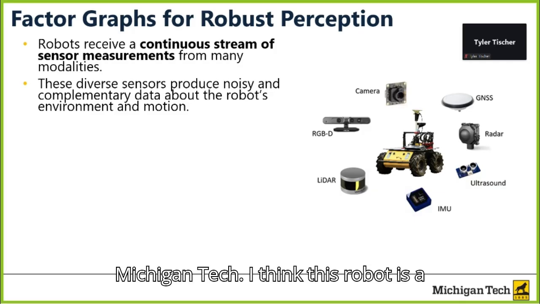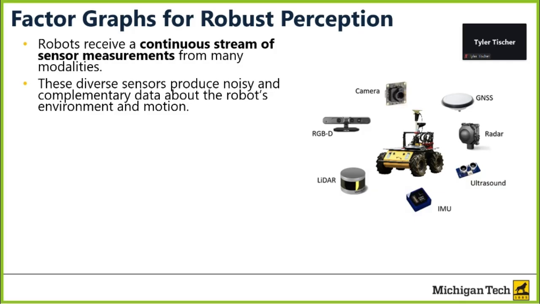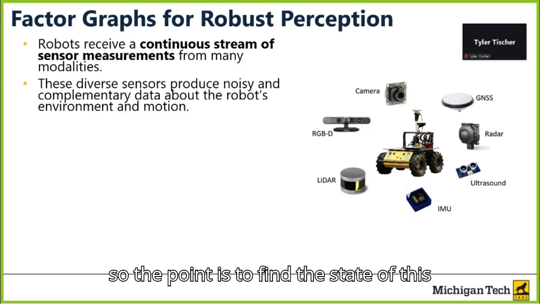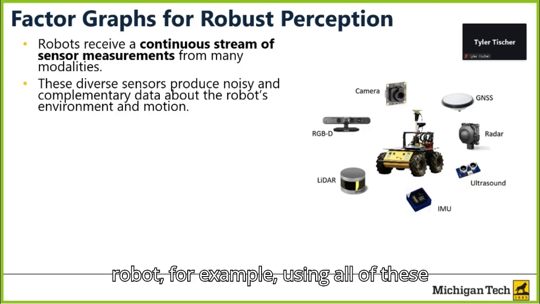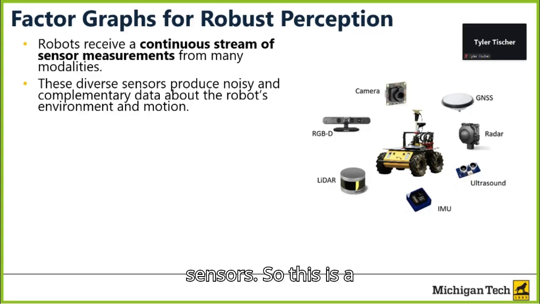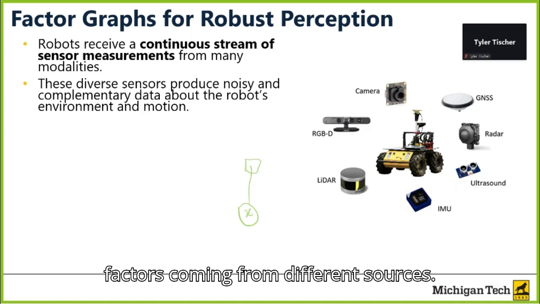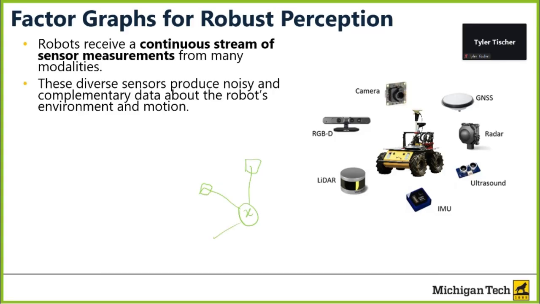I think this robot is a famous Michigan Tech robot. Anyway, the point is to find the state of this robot, for example, using all of these sensors. So this is a state, X, and these are all factors coming from different sources.